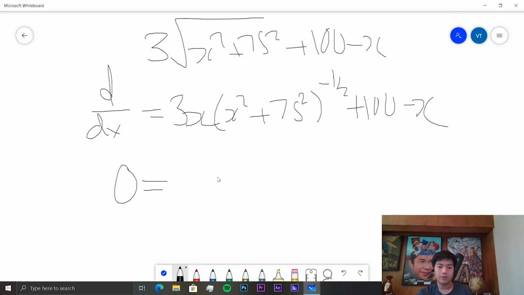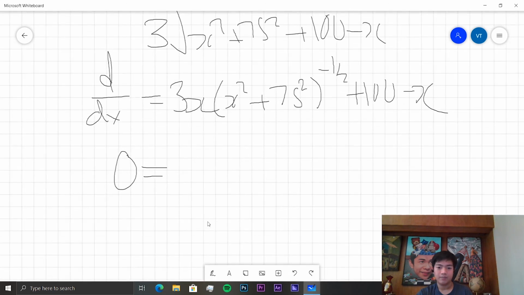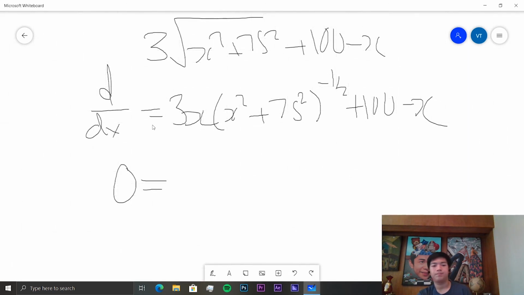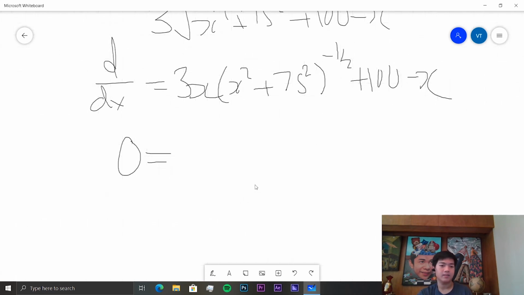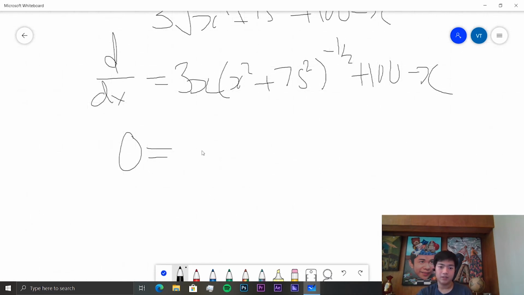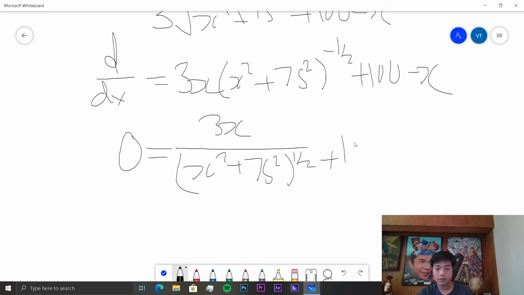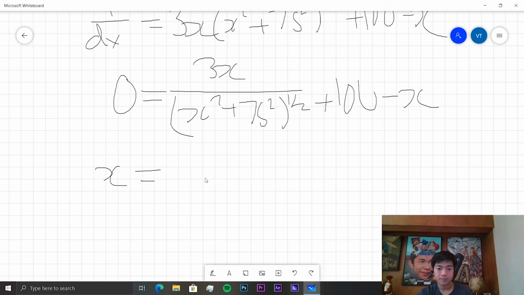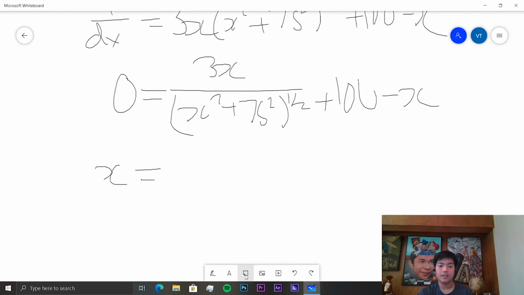So what can we say here? 0 is equal to 3x over x squared plus 75 squared to the power 1/2, plus 100 minus x. So let's transfer this to this side. Actually, let's multiply everything by x squared plus 75 squared to the power of 1/2.